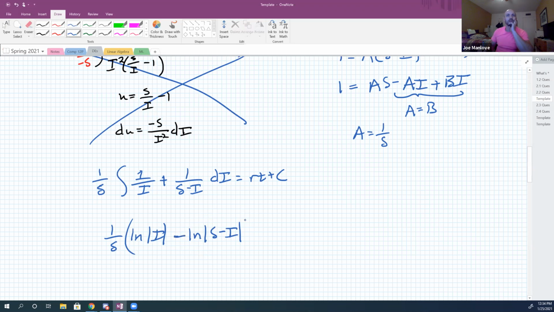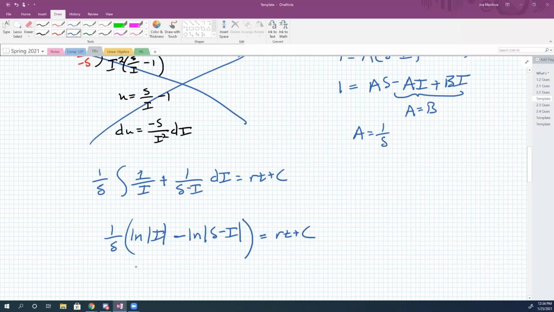Okay. And that's supposed to equal RT plus C. Are you with me on that? Yep. Okay, so a little bit of combining here. I'm going to multiply the 1 over S to the other side.